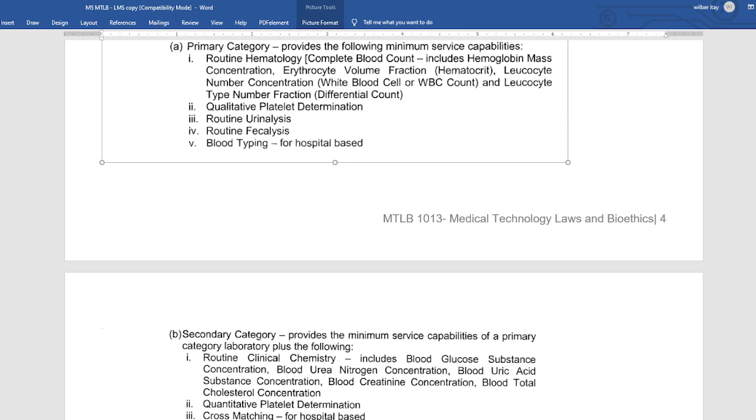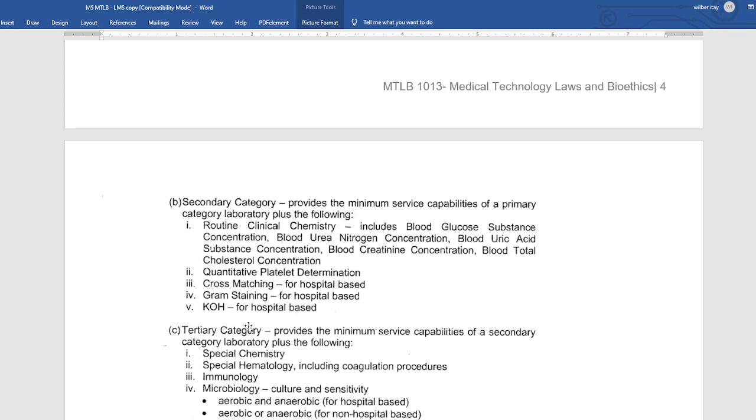Pag gram staining, for secondary category, if that is also hospital-based, and KOH, potassium hydroxide screening pag hospital-based. So, etong tatlo, these are offered by secondary category only if they are hospital-based. Okay? So, again, a secondary category can offer all of this, plus the service capabilities of primary category.